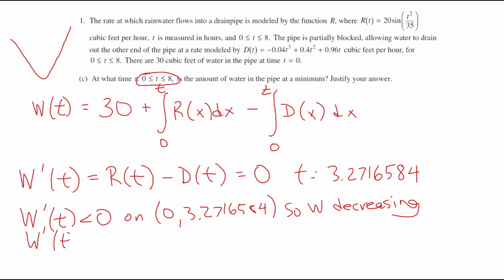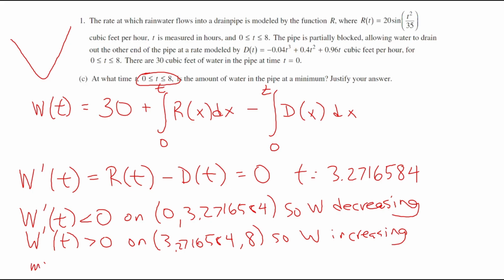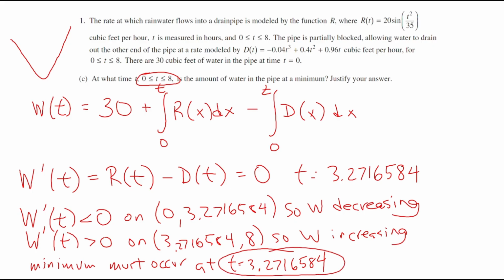And w prime of t is greater than 0 on 3.2716584 to 8, so w is increasing. And the minimum must occur at t equals 3.2716584. It just asks us at what time the amount of water in the pipe is at a minimum. So this is sufficient for the work.